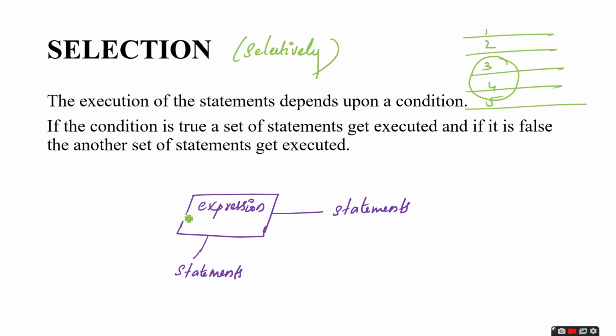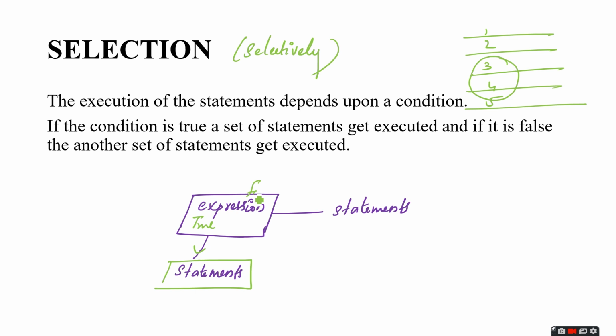Based on an expression, the statements can be executed selectively. In Python, the selective execution takes place with the help of an expression. There will be an expression, and based on the result of the expression, the statements get executed. For example, if the expression is true, a certain set of statements get executed.